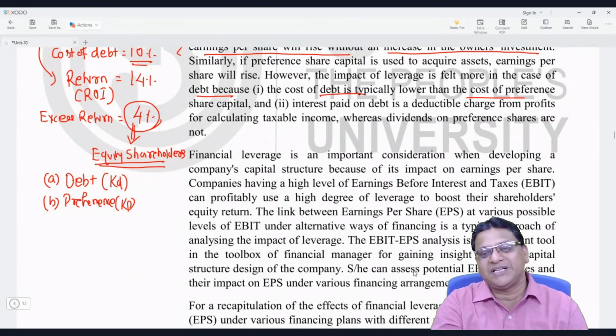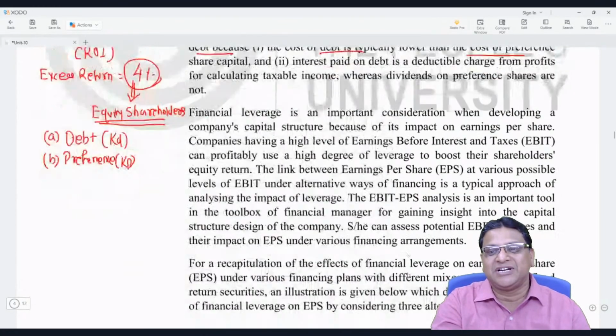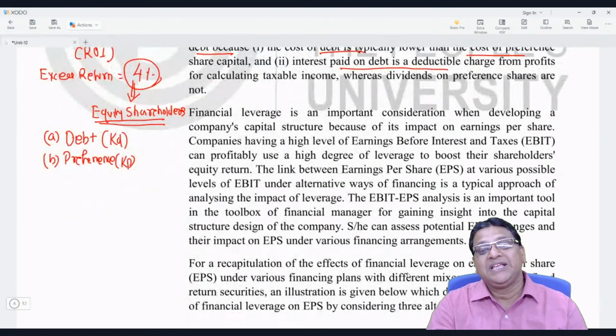The second point is that interest paid on debt capital is a tax-deductible expense. What does it mean? When you pay interest on debt capital, interest is an expense. It is put on the debit side of the profit and loss account. It reduces the taxable profit of the business, and if it reduces taxable profit, it reduces the tax burden of the company.